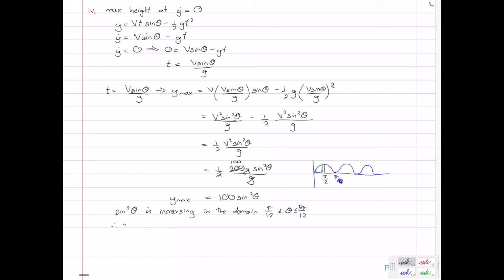So we can say, therefore, sine squared theta takes a maximum value at theta equals 5 pi on 12, which means that y maximum is going to be 100 times sine squared of 5 pi on 12 meters, and that is the maximum height that the ball attains.